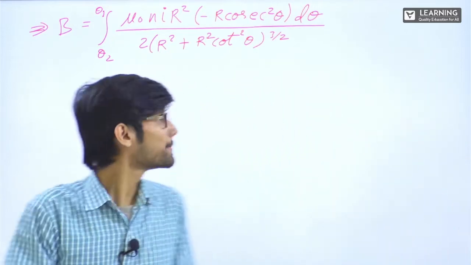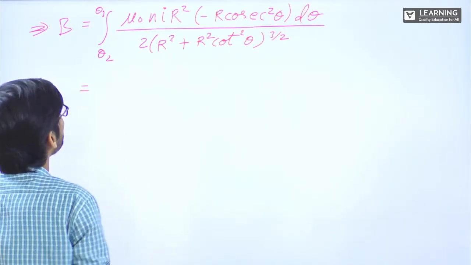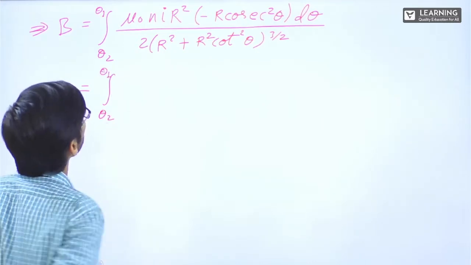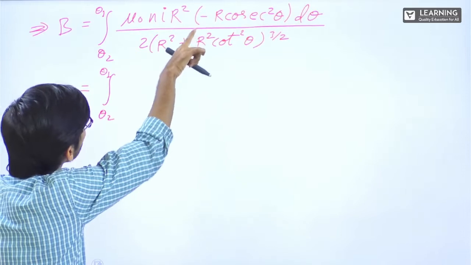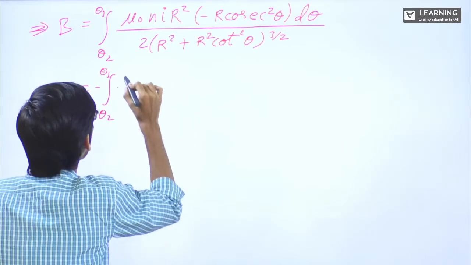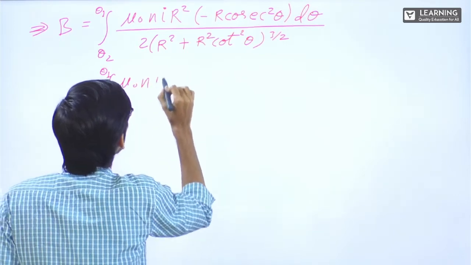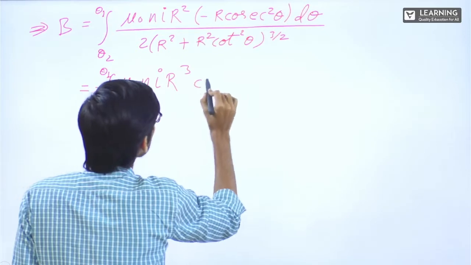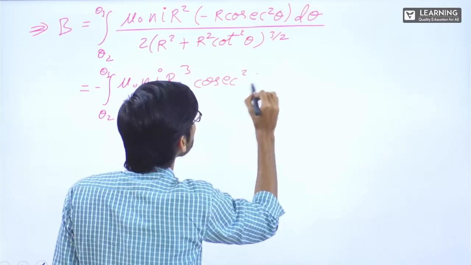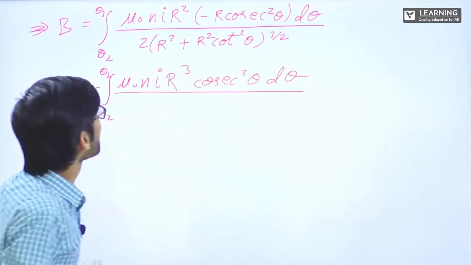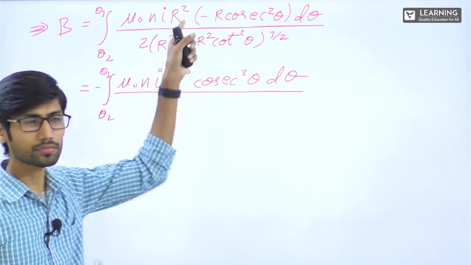Now see, from here, again integration from theta 2 to theta 1. The minus sign will come out: mu naught into n into I into r cube cosec square theta d theta divided by 2r cube. r square is common, it will come out.